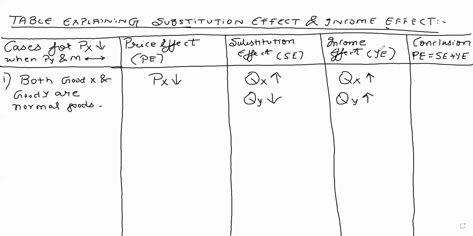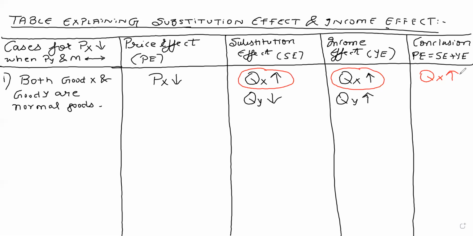If you look at the conclusion, you can see by substitution effect also good X is rising. By income effect also good X is rising. So in my conclusion, price effect is the sum of substitution effect and income effect. If good X is rising by both the effects, in totality also my good X will rise.